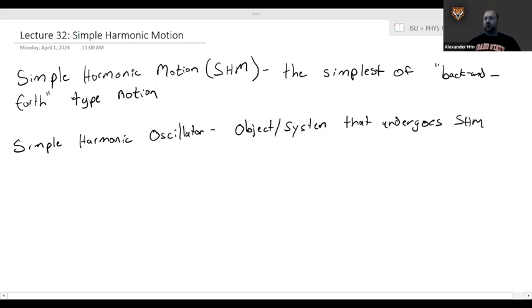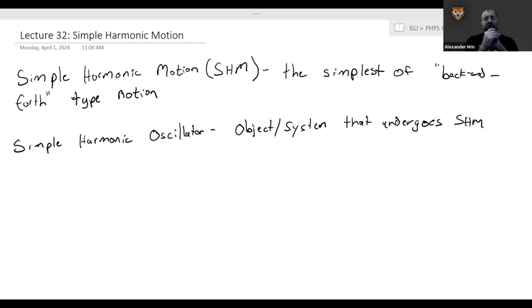Okay. So it's worth distinguishing these concepts, because simple harmonic motion is the motion broken down to its simplest aspect. But you can have a simple harmonic oscillator in a system that's doing other things.